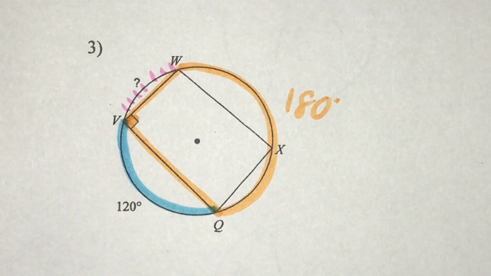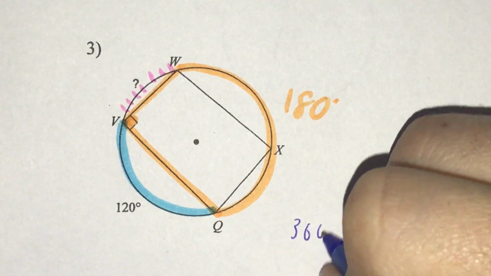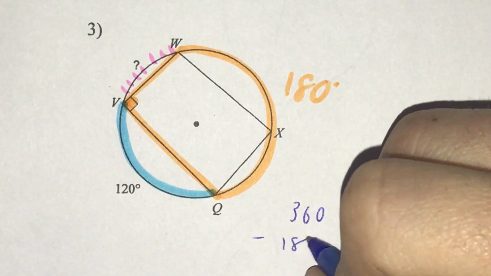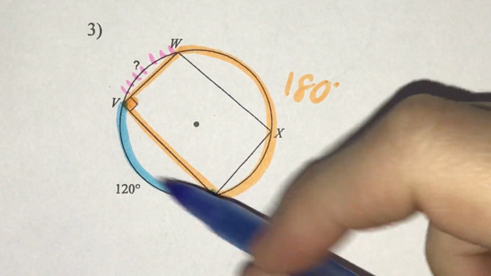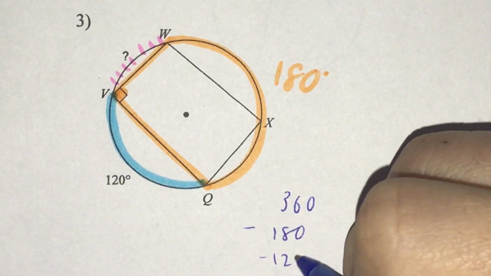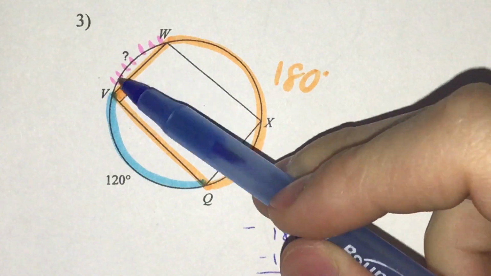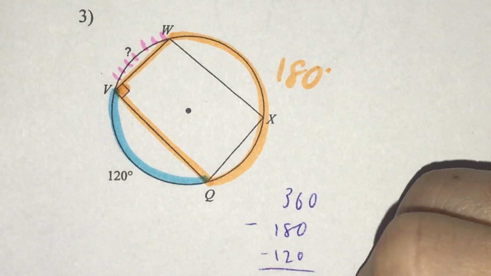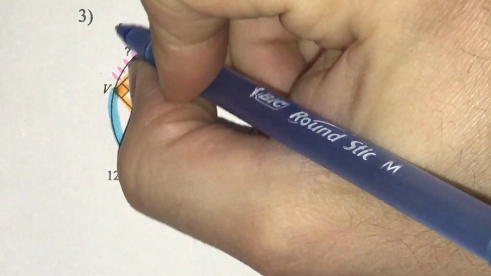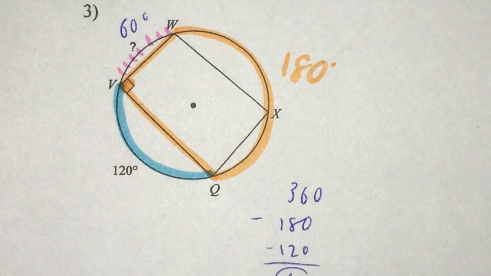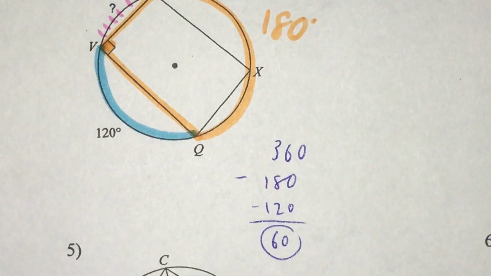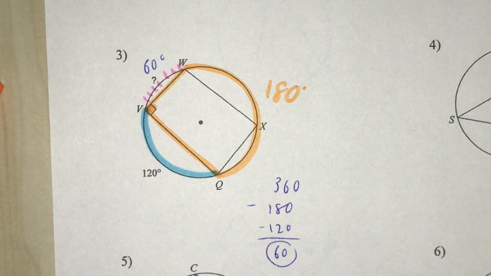So if we could just do 360, the total, minus 180, because we don't need that, and minus 120, we'll be left with what we need over here, and if I'm a genius, which I'm not, that would be 60 degrees. Nope, 60. Okay. Gorgeous. And I found that.